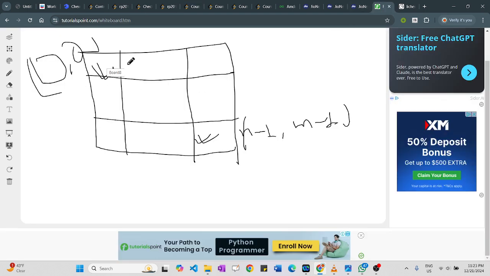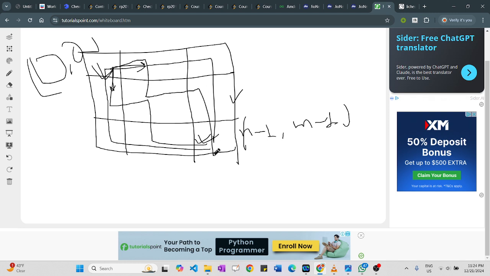And then you can do two types of traversal, right or down. Okay, so like you can go from here to here, here to here, in this way, right? Or there is another path here, or there might be this path. There are a lot of paths, and you have been given the value of each and every cell.